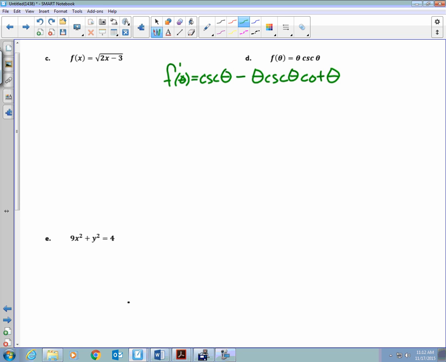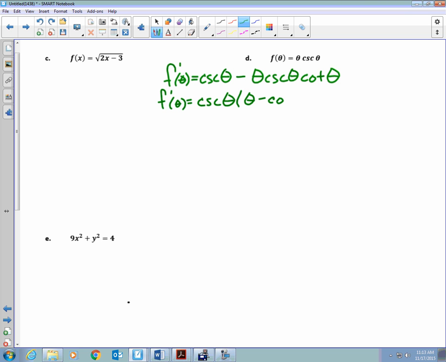What do I have to do to find the second derivative? I have to do the product rule again, and if you notice here, I'd have to do it twice. What some people decided to do during second hour is they said, well, let's factor out a cosecant, and if we factor out the cosecant, maybe it will make the problem nicer. And I suppose, beauty's in the eye of the beholder.